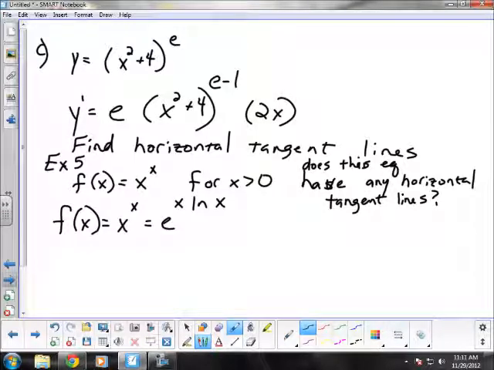Okay? Do you want me to go through the process of how that came from? Okay. x to the x can be rewritten as e to the ln of x to the x, right? And then I can bring that x down in front, so it becomes e to the x times the ln of x. Yes, because e is just a number. All right?